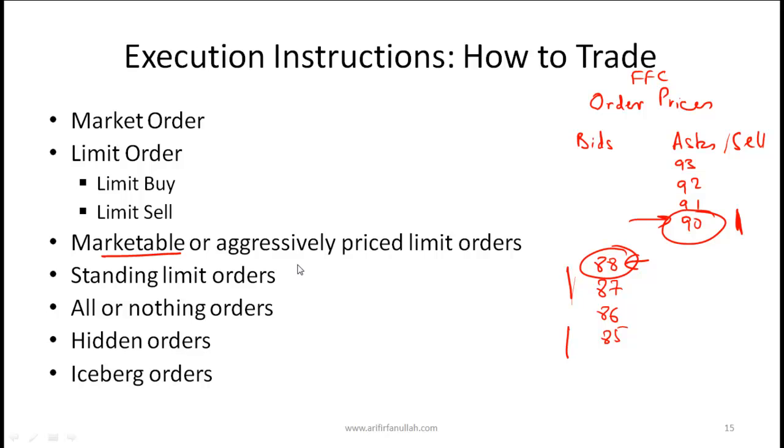A little more terminology, as I've already mentioned, the difference between 88 and 90 in this case is called the bid-ask spread. So the bid-ask spread is 90 minus 88, which is 2. And if a new ask comes in at, say, 89, then that is called making a new market.